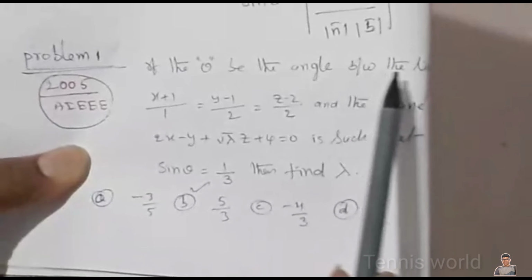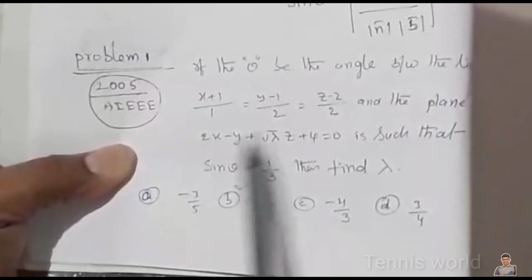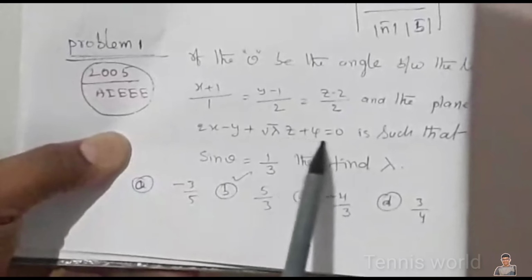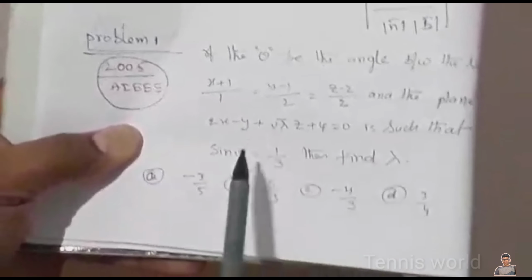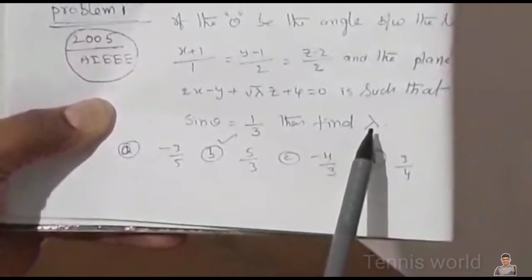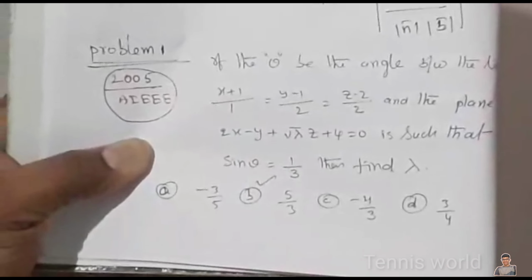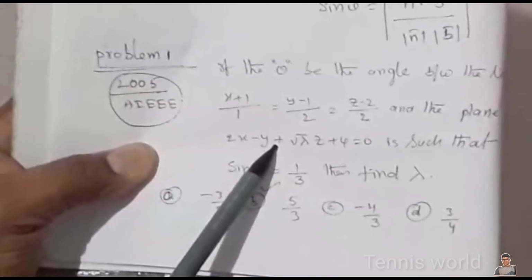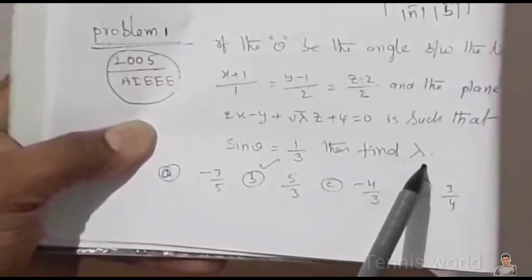If theta is the angle between this line, which is in Cartesian form, and the plane, whose equation is also in Cartesian form, such that sin theta is equal to 1 by 3, then find the value of lambda. Now I am going to explain that.